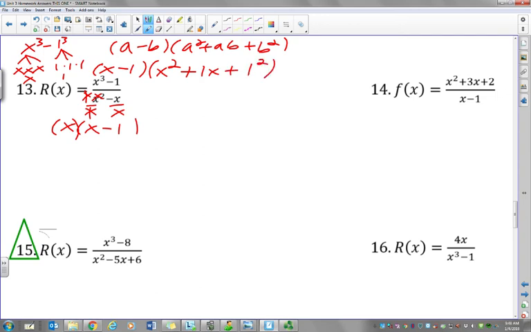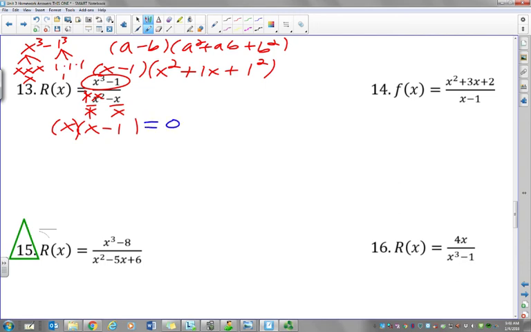Now the reason why I wanted to factor this is because now you can actually cancel the top and the bottom. Why would you even need to do that? Well, because when finding a vertical asymptote, what do you do again? Do you guys remember? You set the bottom equal to 0. Good.